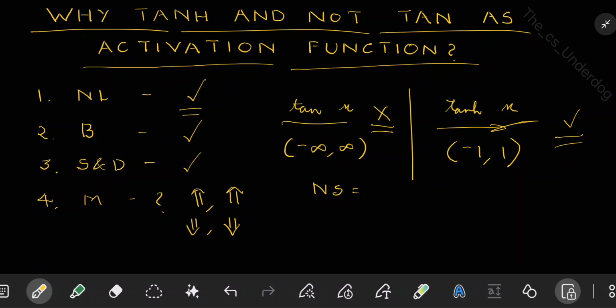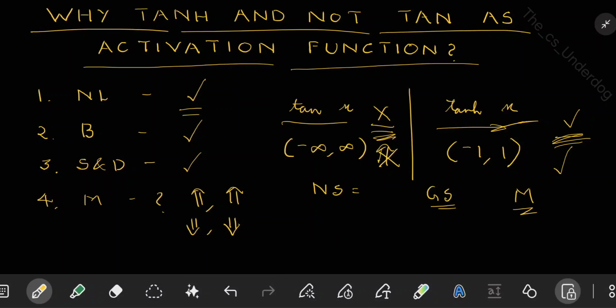Then what about the stability of the gradient? In the case of tan x, gradients will explode, so this is a problem for you. But in the case of tanh x, gradients are stable, and also you can see that the gradient vanishes gracefully as it goes to the other side.